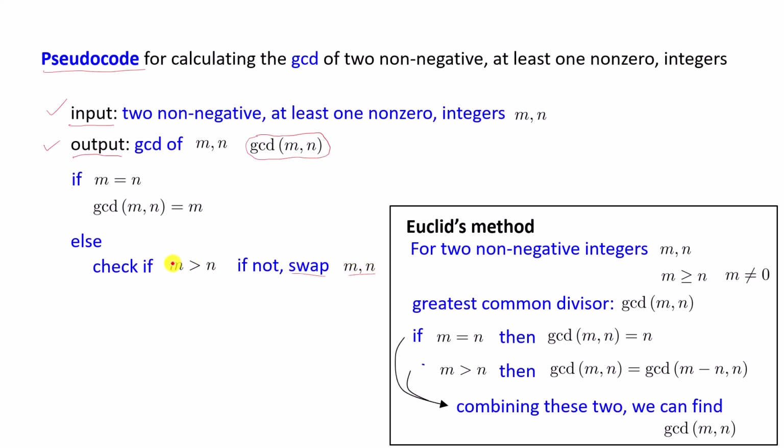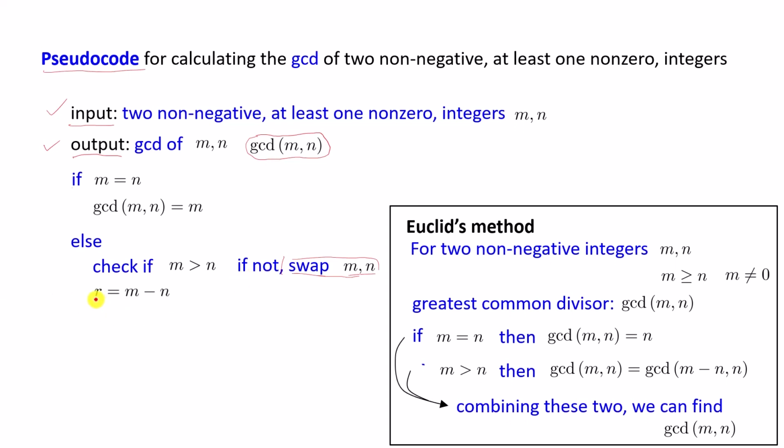So the value what is stored in m, I give it to n, and value what is stored in n, I give it to m. So that is something we call swap. So after the swap, we ensure that m is definitely greater than n. So we try to avoid that m minus n to be a negative number. So we make sure that m is greater than n. So we check if it is, if not, we swap.